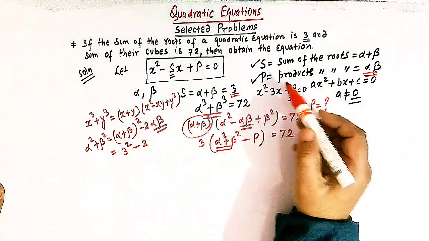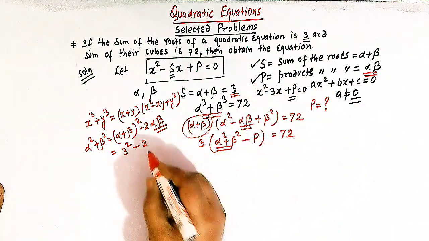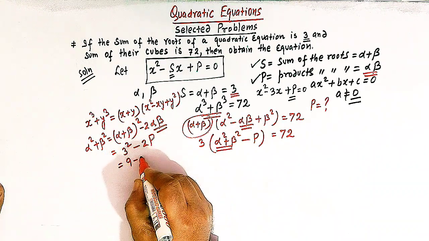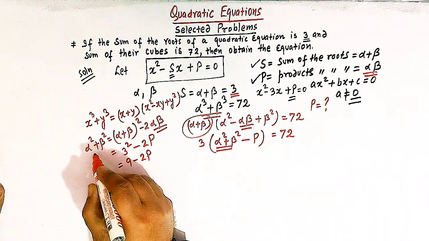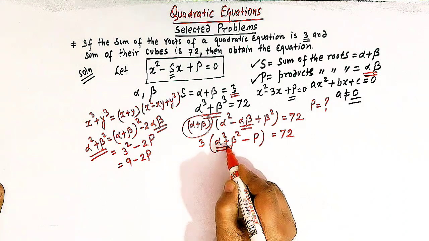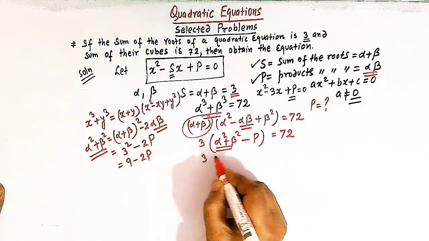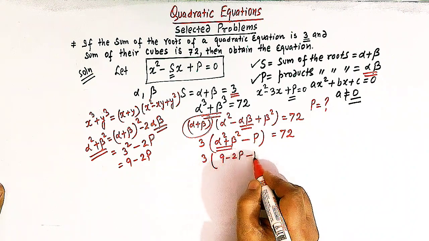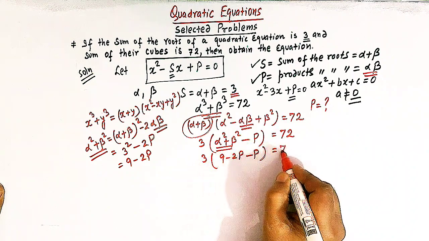Alpha beta is our product of roots, so here we have p. So this is 9 minus 2p. Let us substitute the value of alpha square plus beta square over here. So we have 3 times 9 minus 2p minus p is equal to 72.